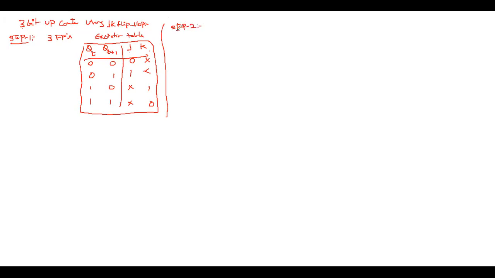State diagram. I am designing a 3-bit up counter. So 000, next state will be 001, next state 010, next state 011, then 100, next 101, next 110, next 111.